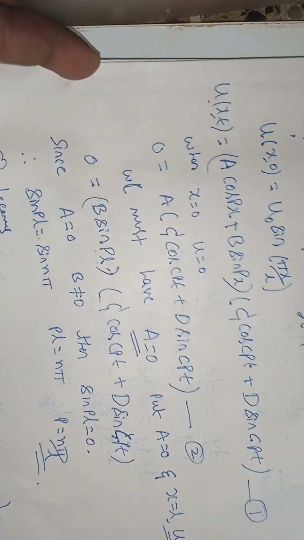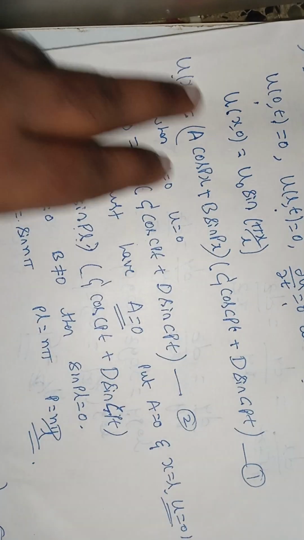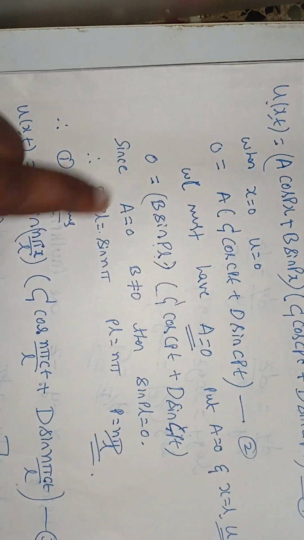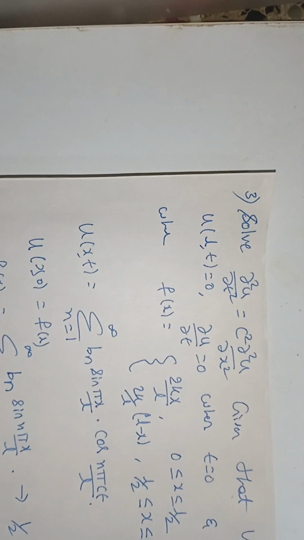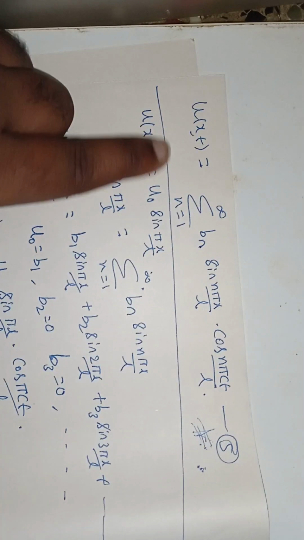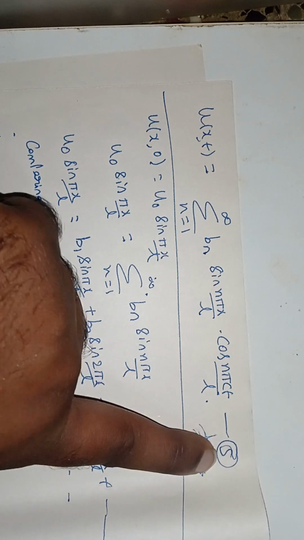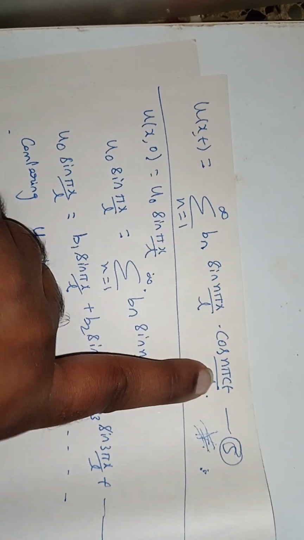The first three conditions you have to derive, take the general solution, put all the conditions, and you end up with this equation, and then you end up with another equation, that is u of x comma t equal to this one. So till here it is same for any problem, and then we use the last condition.